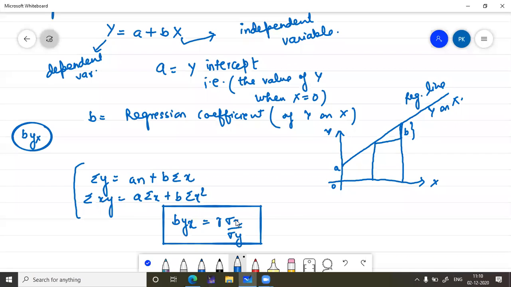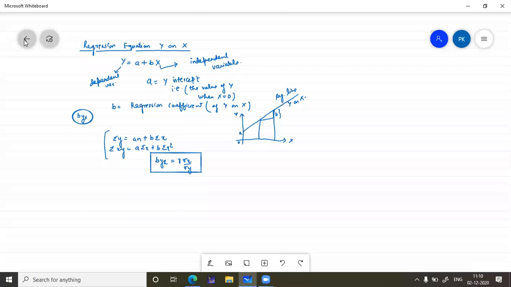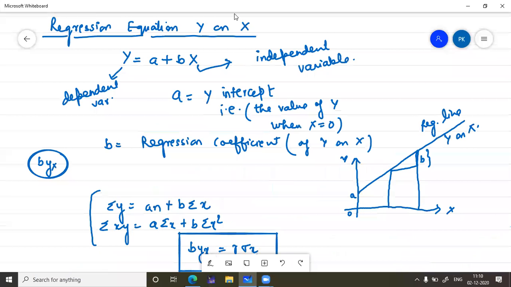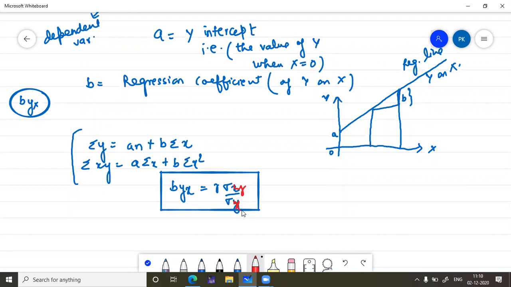This sigma x is the standard deviation of x. This is sigma y by sigma x.